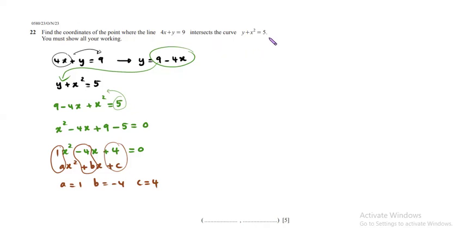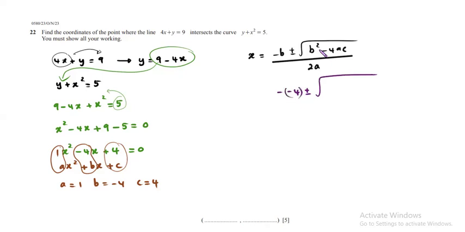And the quadratic formula will be given to you, but here I'm going to write it, which is minus b plus minus, and within the square root, I have b squared minus 4ac, over 2a. I'm going to substitute the values of a, b, and c into this. The value of b is -4, so that's going to be minus negative 4 plus minus square root, and then the value of b is again -4 with the square, minus 4 times the value of a, which is 1, times the value of c.